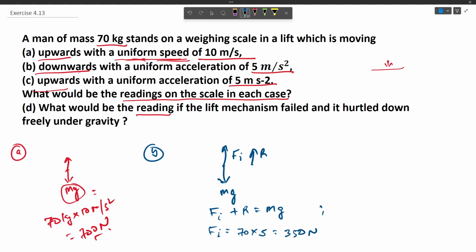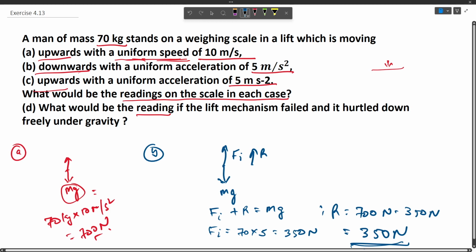So R would be 700 Newton minus 350 Newton, or it is 350 Newton. So the reaction force that is applied by the weighing scale on the man in the upward direction would be 350 Newton, or the reading would be equal to 35 kg.